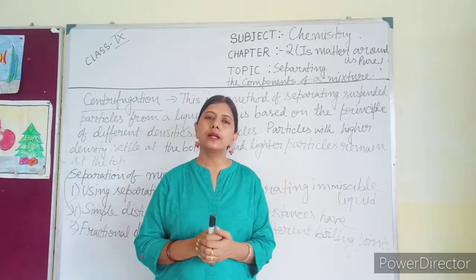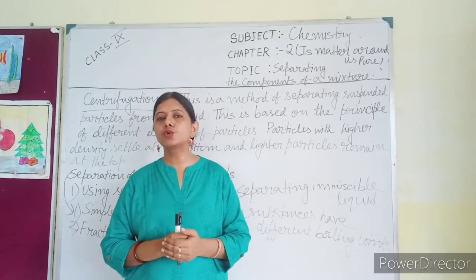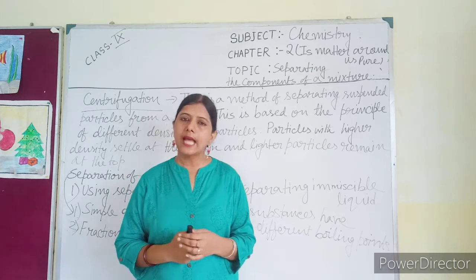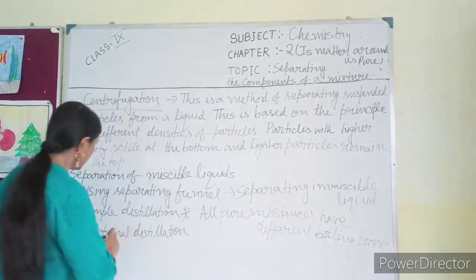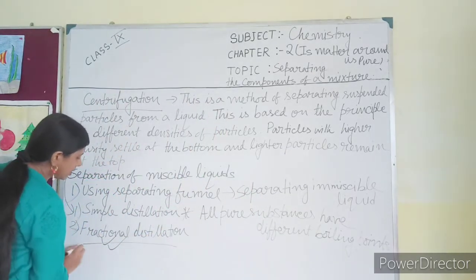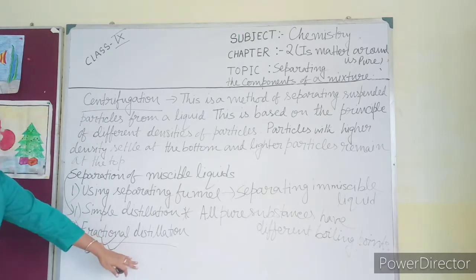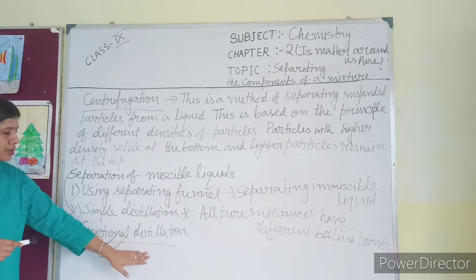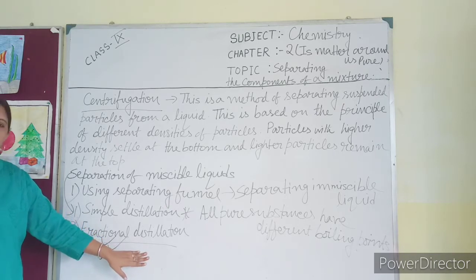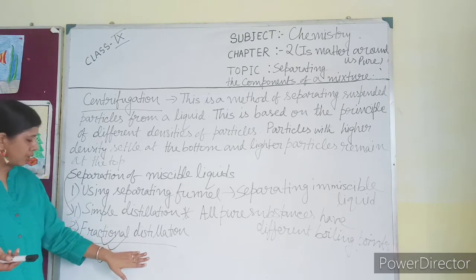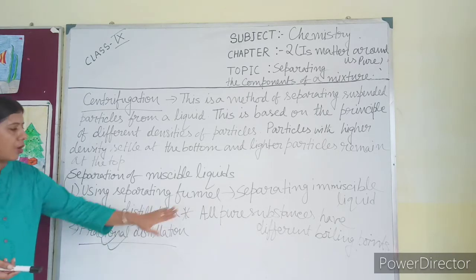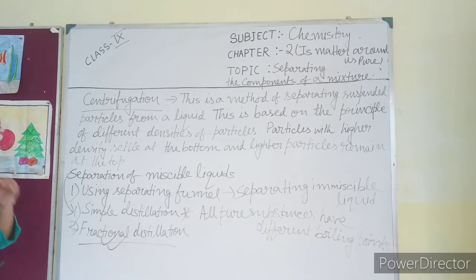If the boiling point difference between the two miscible liquids is less than 25 degrees, in that case you are going to use the fractional distillation method. This method is also similar to simple distillation. Here also we use evaporation followed by condensation. Here also the principle is that all pure substances have different boiling points, the same principle.